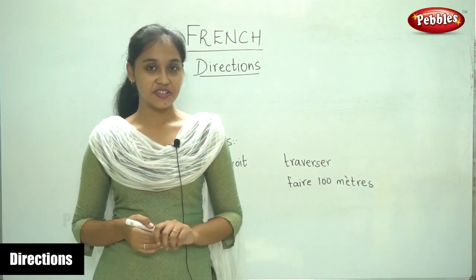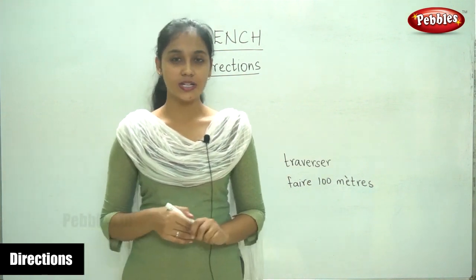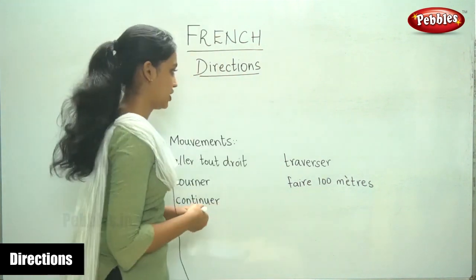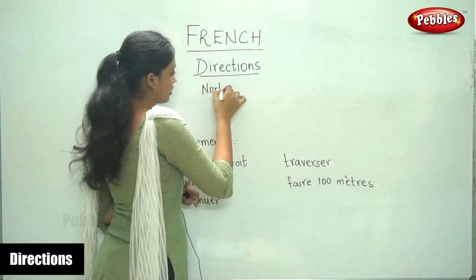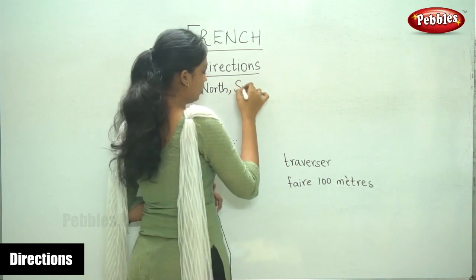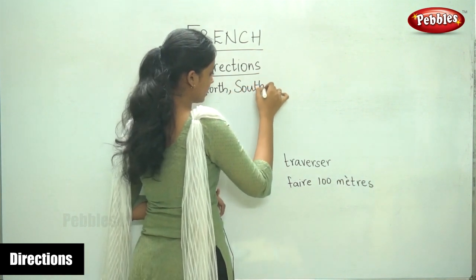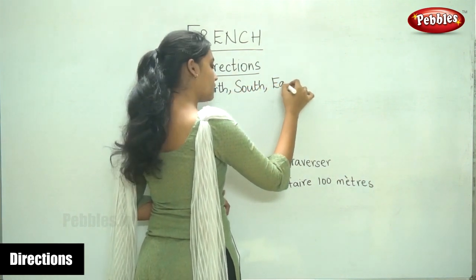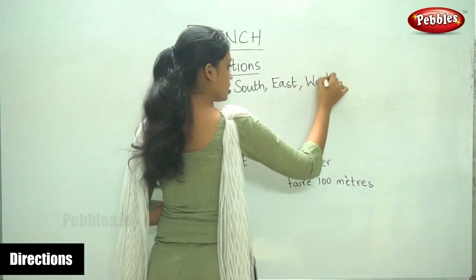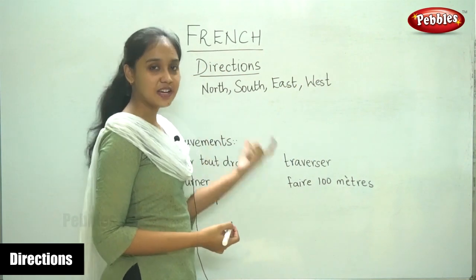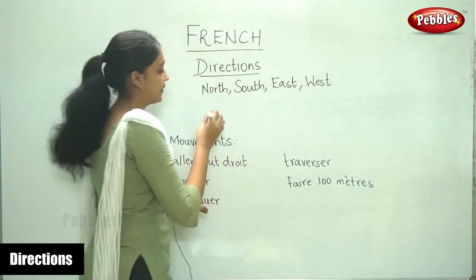When it comes to directions, we know what are the 4 primary directions. North, south, east and west. So what do we say for these directions in French?